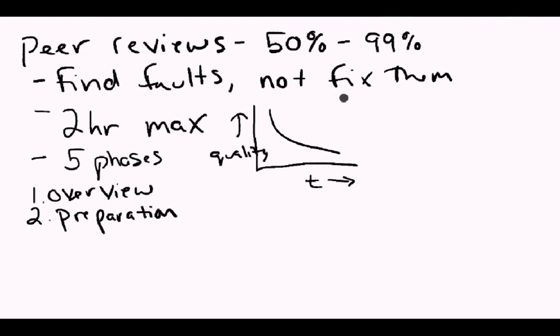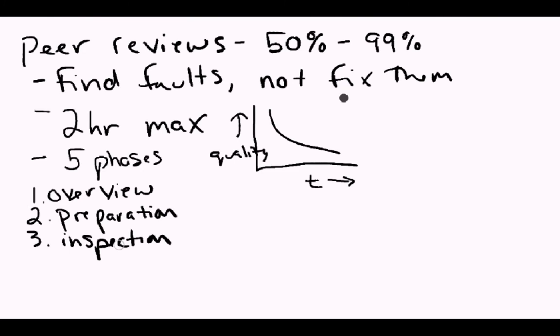Okay, the next step is the actual inspection. This is where the 5 or 6 people meet together in a room, they close the door, and then they go over this line by line. Okay, so we'll talk about the roles in a peer review in a second, but one of the roles is that of a reader.